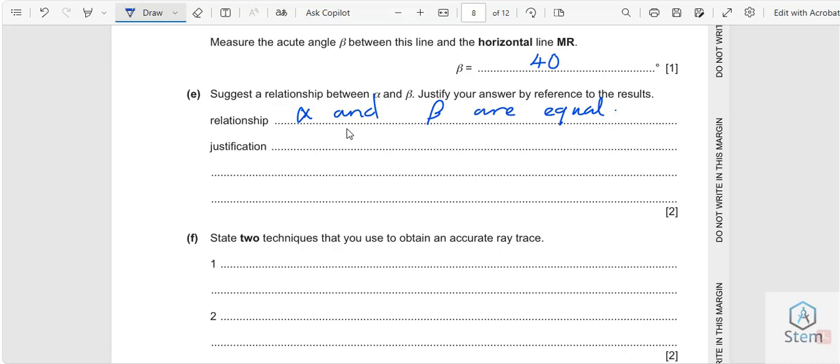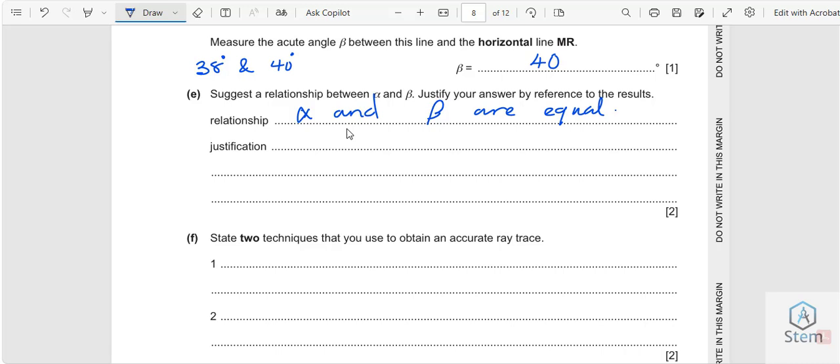Even if they are not exactly the same value, they may be 38 and 40, you will still say alpha and beta are equal, as long as they have a percentage difference of 10 percent or less.